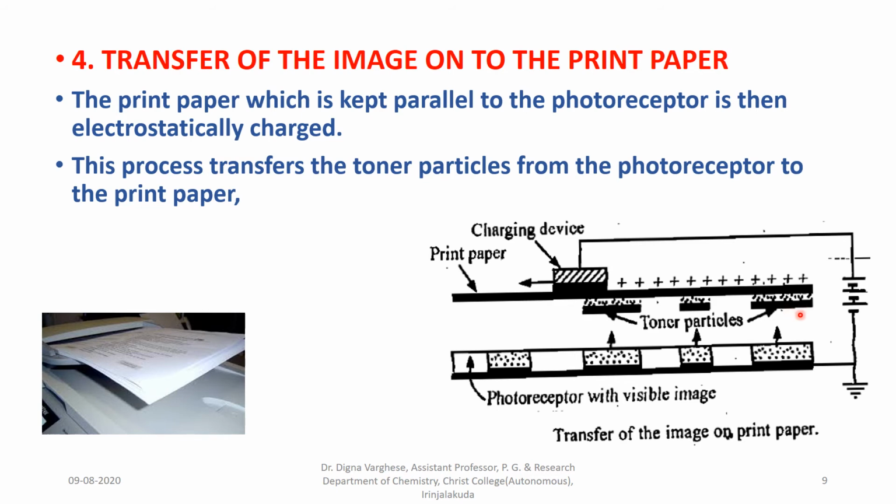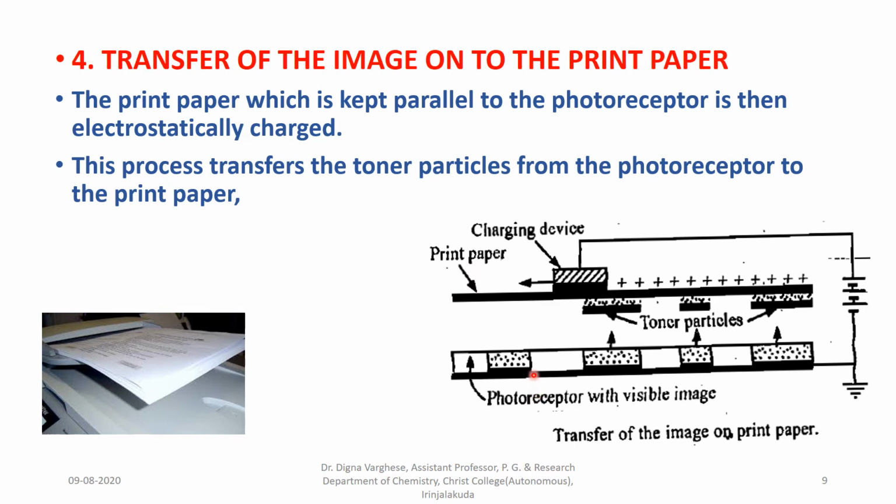When the toner particles are moved over this, they become negatively charged due to friction. These negatively charged particles are attracted only by the oppositely charged regions, and not by the regions with no charge. So we get our photoreceptor with the visible image, and this image is transferred to the print paper, which is kept parallel to the photoreceptor and is then electrostatically charged.